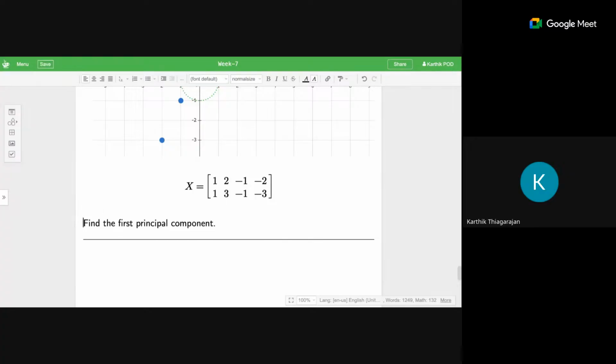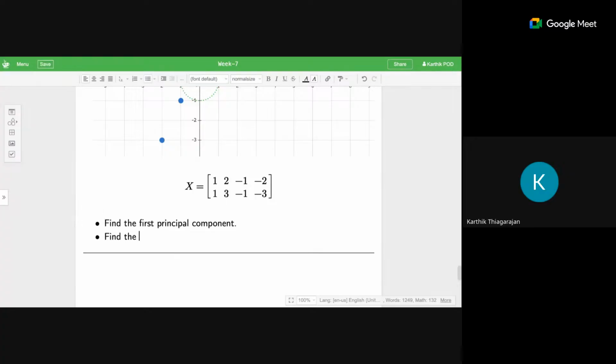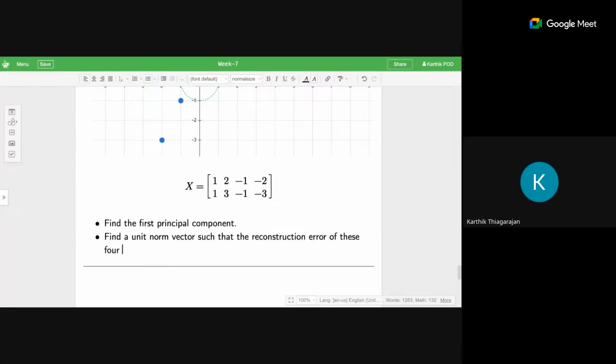Alternatively, the question could be framed in the following way: find a unit norm vector, because it's not unique, such that the reconstruction error of these 4 points is minimized after projecting the data set onto the line passing through this vector.